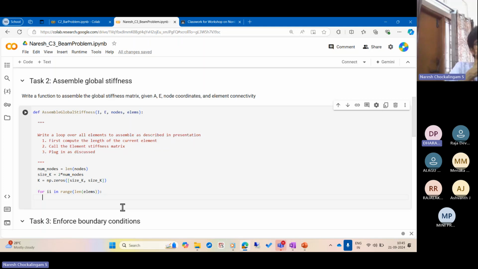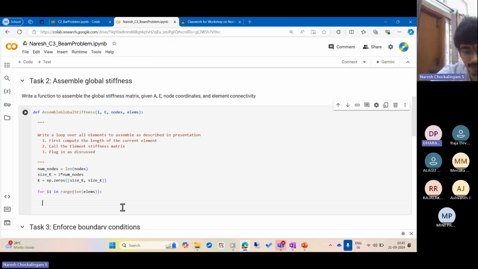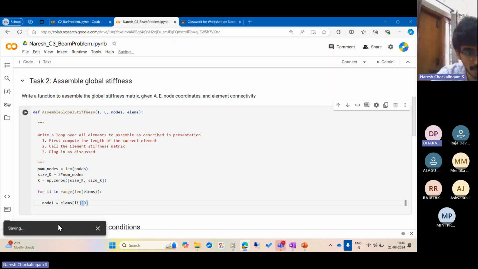Node 1 is equal to elements of i, in bracket 0. So what does this mean?